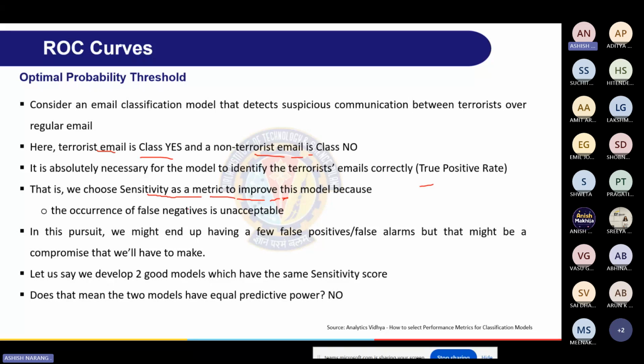Let us say there are two models which have the same sensitivity score. Does it mean that the two models have equal predictive power? Sensitivity score means the true positive rate, and the true positive rate for the two models is the same.